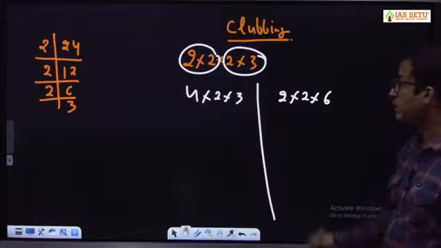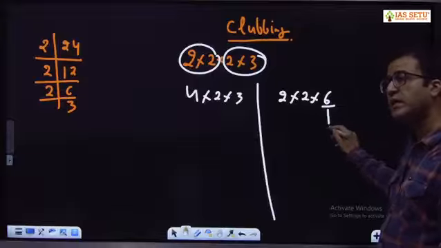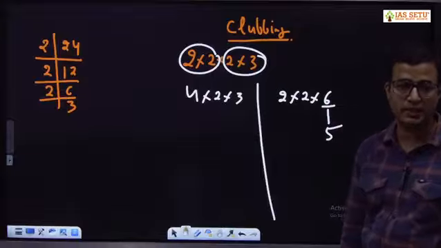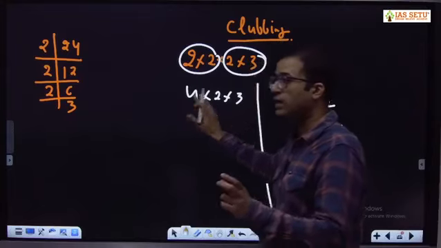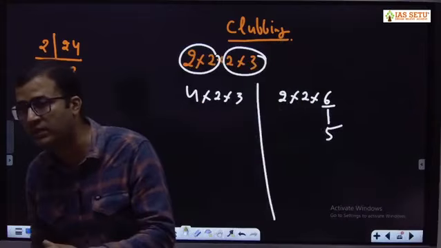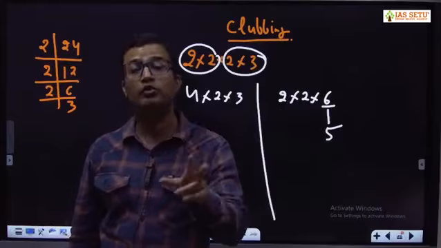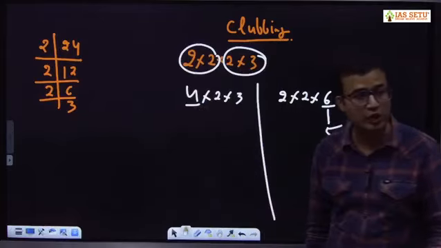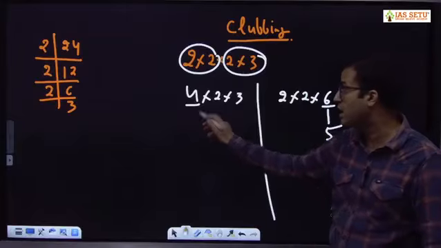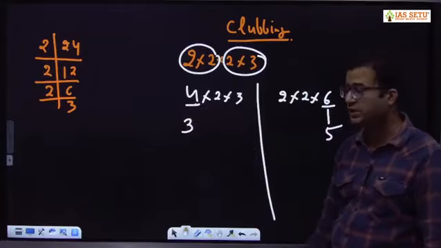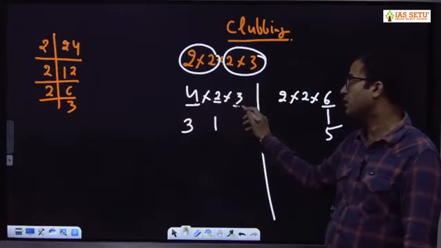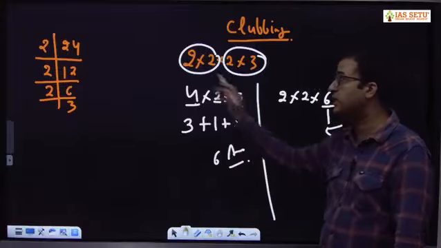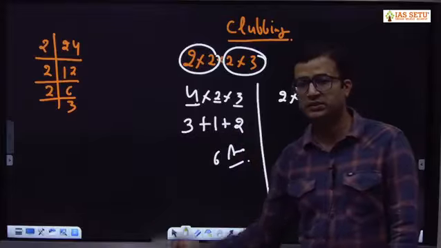In clubbing, if you take the bigger number, that will give you more cuts. A bigger number will give more cuts. So the rule of clubbing is, when we are looking for minimum cut and you have to club, we look for the lesser multiple. If your multiple is smaller, it will give fewer cuts. 4 pieces required 3 cuts, 2 pieces required 1 cut, 3 pieces required 2 cuts. So your answer is 6. The correct answer in this question is 6.